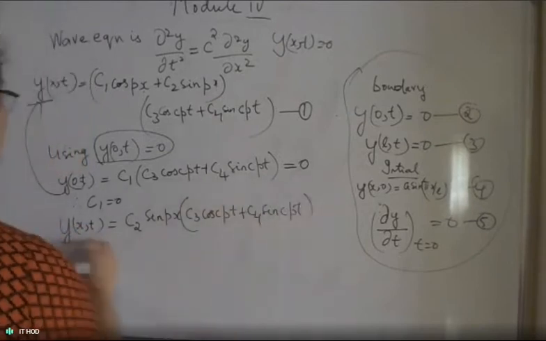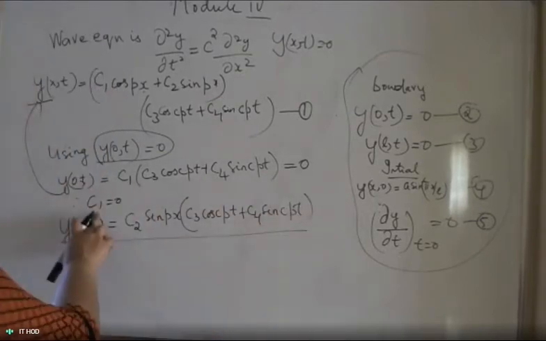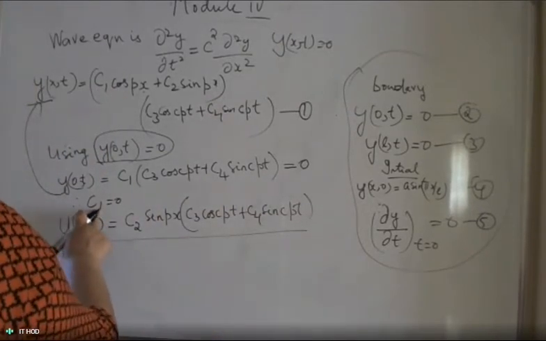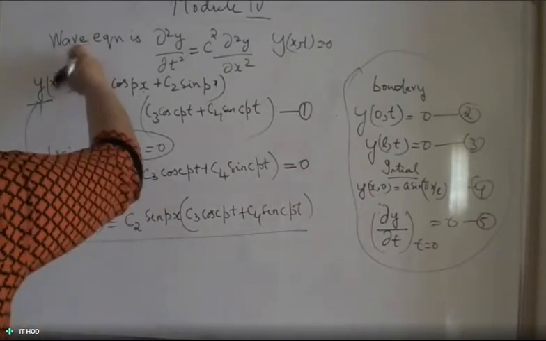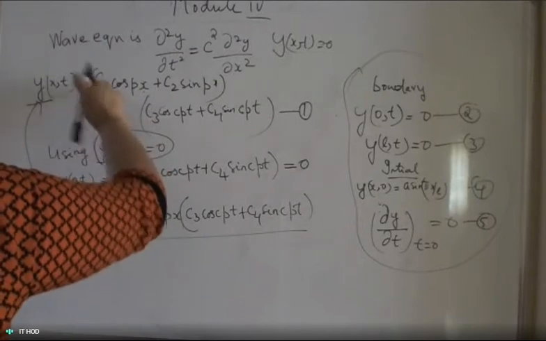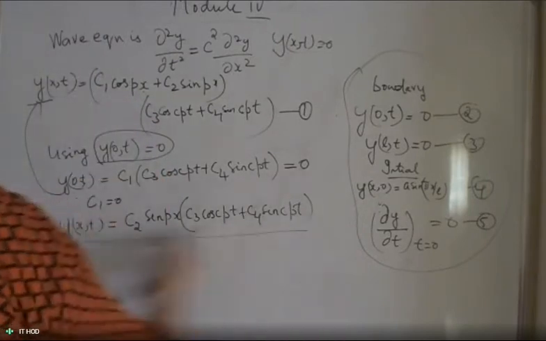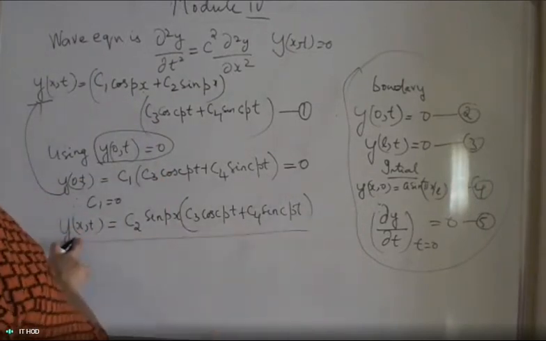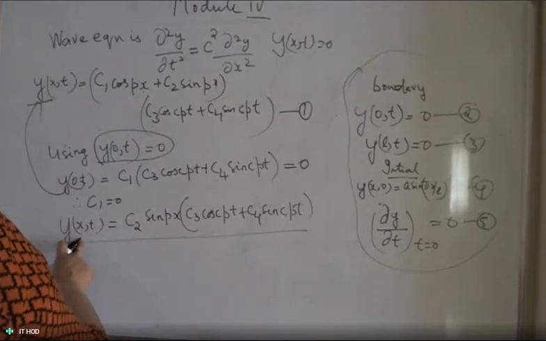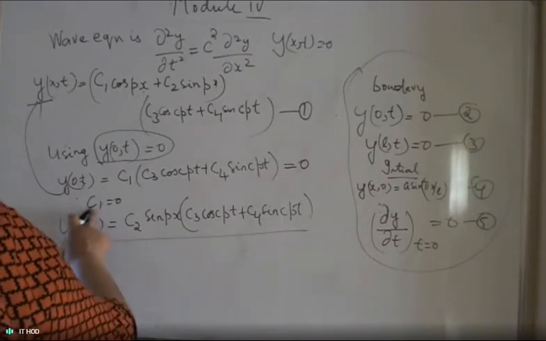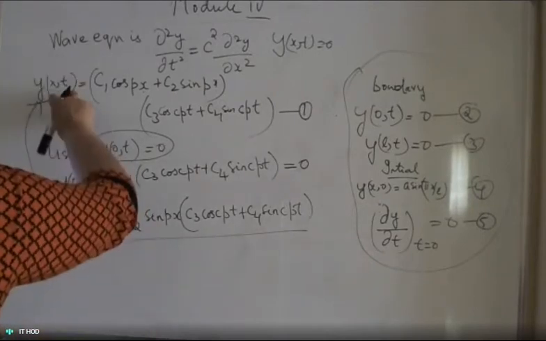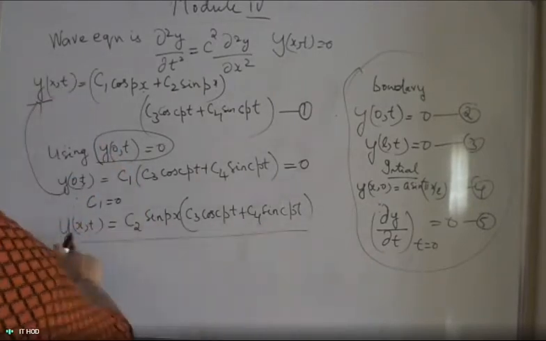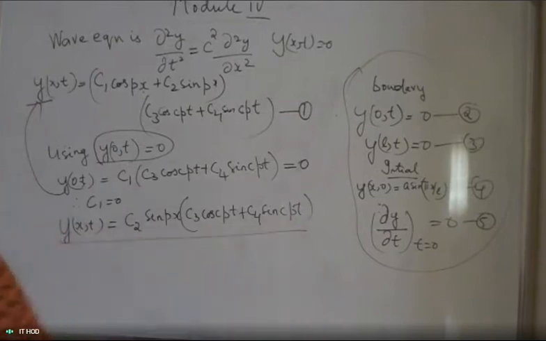Once you get the value of a constant, you go back to y(x,t) and write the new solution. That is very important. This is our new solution now.